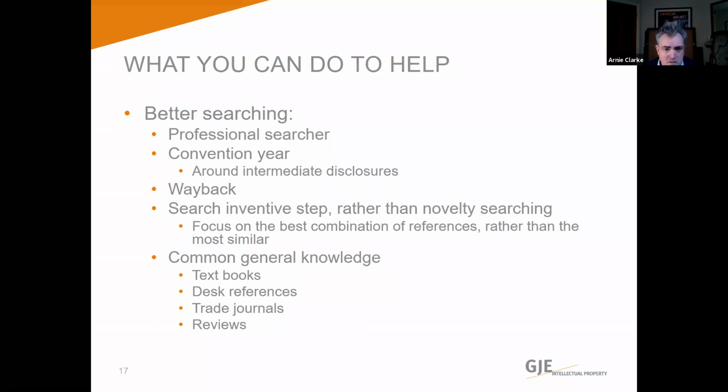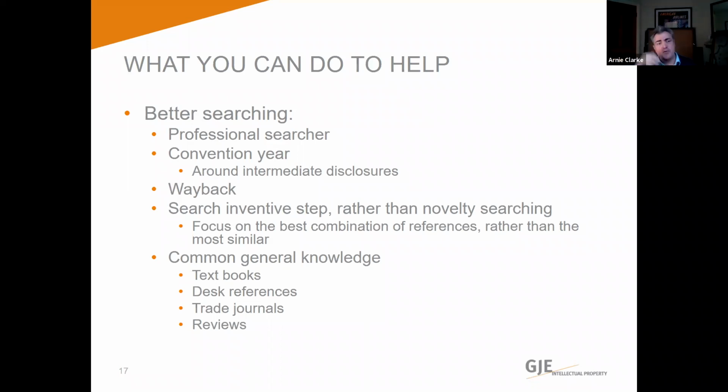So search for those intermediate disclosures wherever you can. Use Wayback wherever possible. You'd be amazed what people put on their websites and then realize and remove at some later date. Go and have a look at the websites of the companies that you're opposing, see what they put on there that might be helpful.